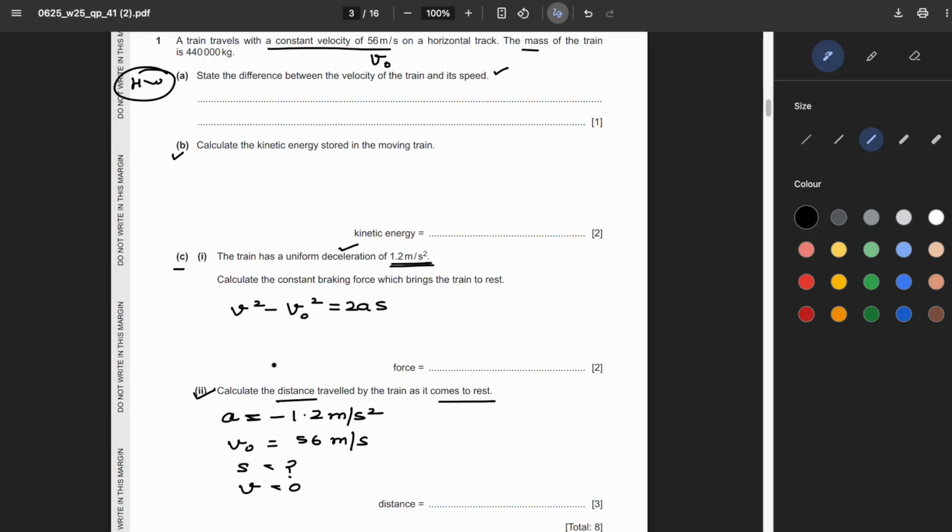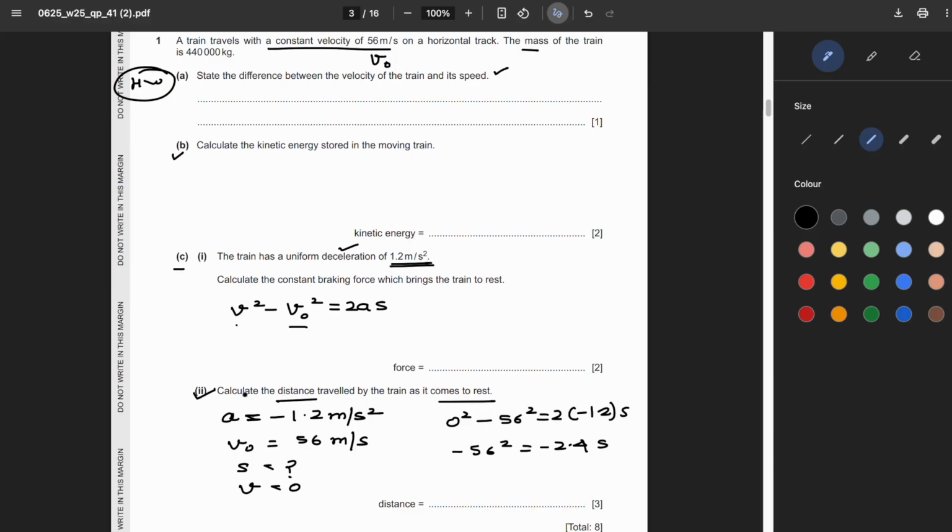Okay, so what is my v? V is 0, so 0 squared minus v naught squared, that is 56 squared, equals 2 times a, which is minus 1.2, multiplied by s. So I get minus 56 squared equals minus 2.4 times the displacement.